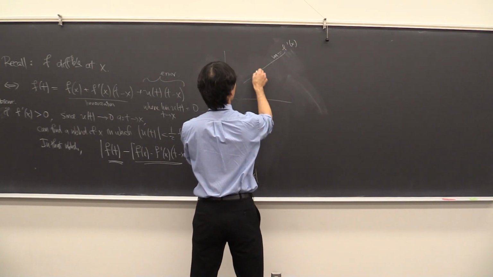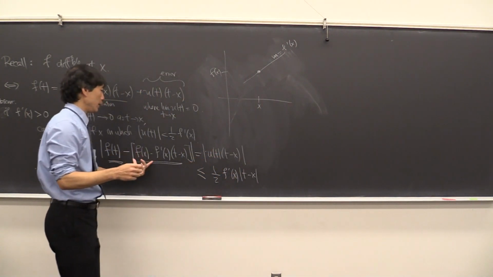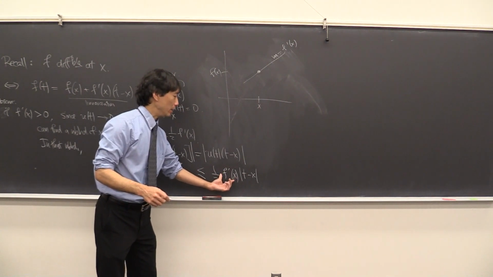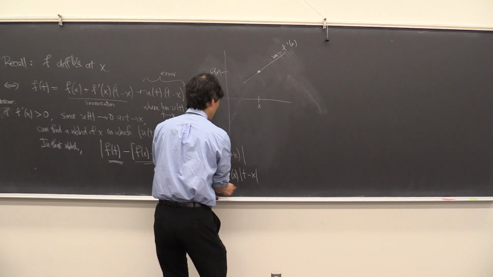The difference between the function and the line is smaller than 1/2 this times this.